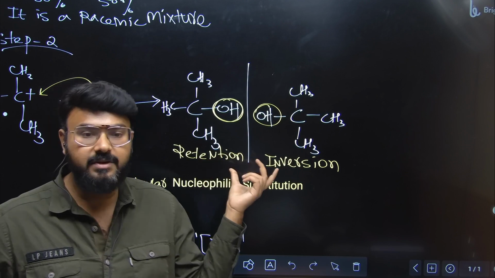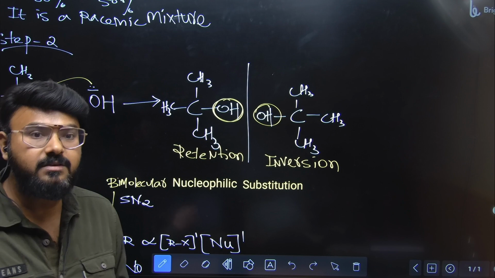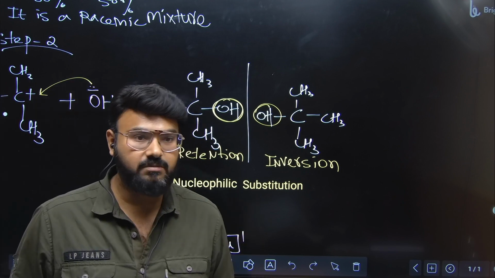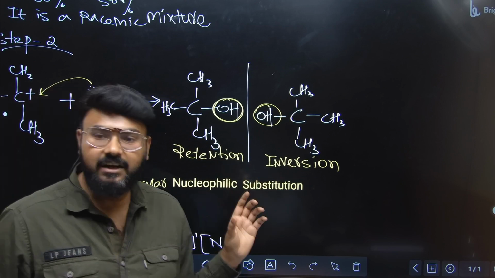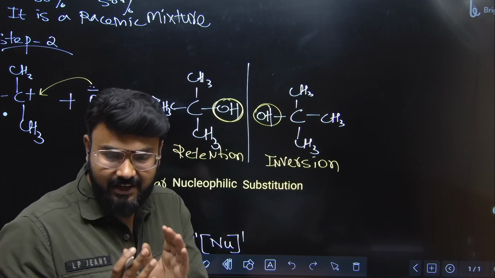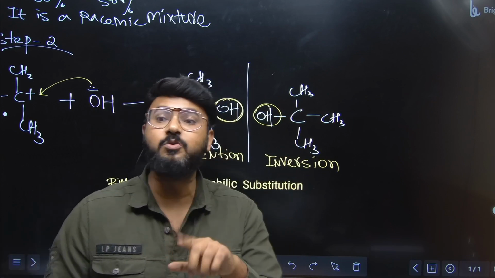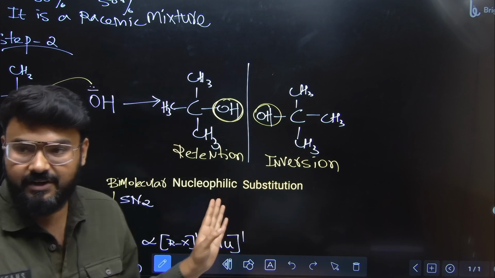Yes, it is a mirror image, right? How do we know it is a mirror image or not? For a mirror image, it should be non-superimposable. It means you pick this up and put it there. If it overlaps 100%, it's superimposable. Then it is not a mirror image.